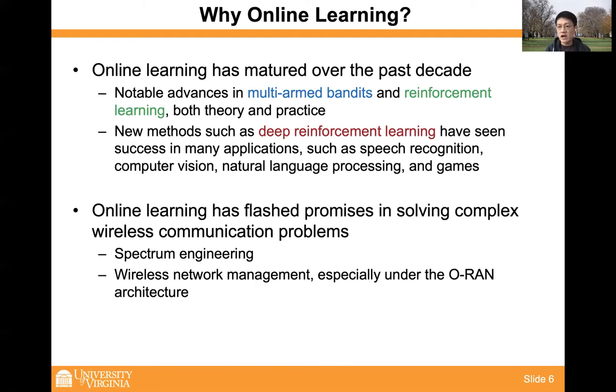But for now, I would say it's more reasonable to claim that online learning has flashed promises in solving complex wireless communication problems, and we'll give some examples here. But I will also highlight the fact that I think there is a long way to go when we want to make this tool effective and easy to use for the engineers in the industry.